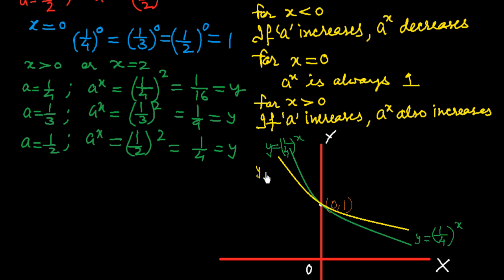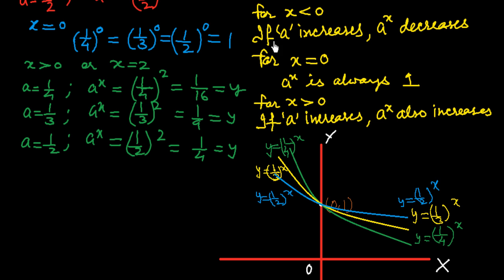This is y is equal to 1 over 3 power x. Last one we draw here. So it is y is equal to 1 over 2 power x.